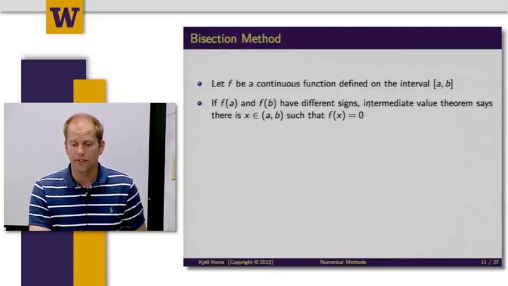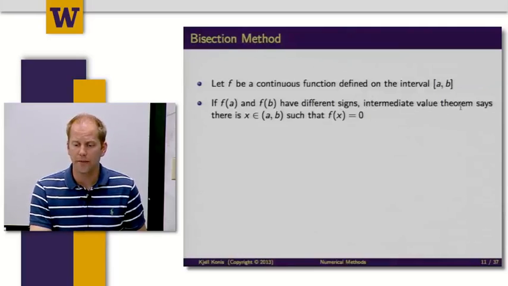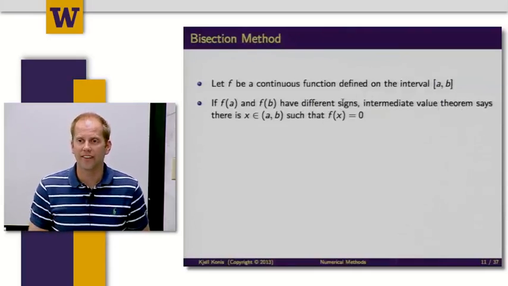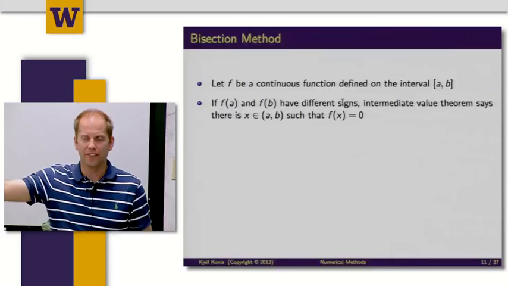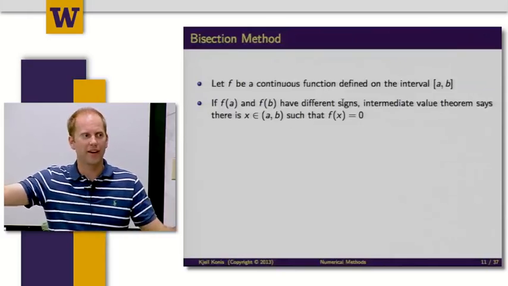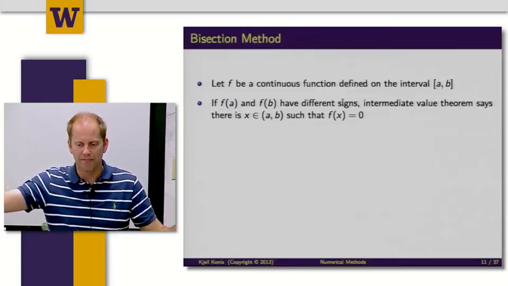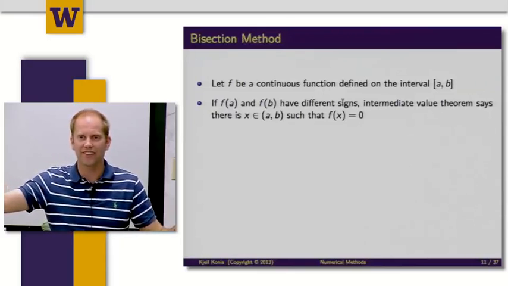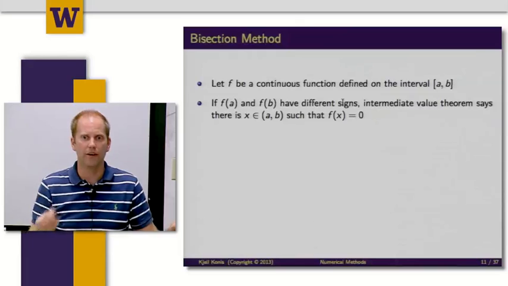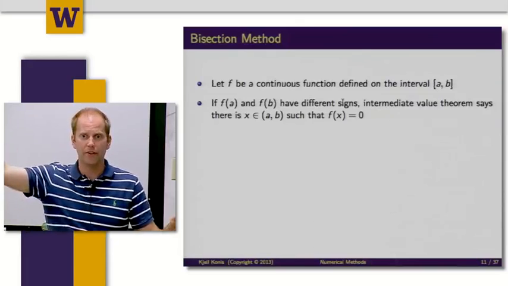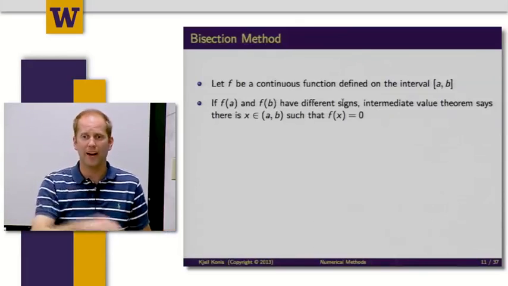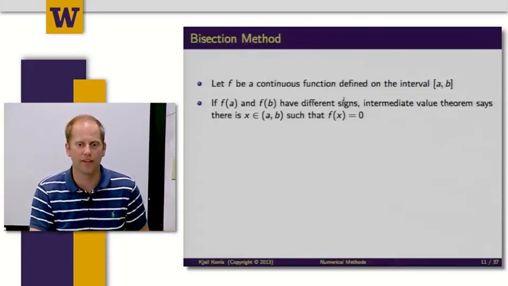Then there's a result from calculus called the intermediate value theorem, and this should just make a lot of sense. If on one side of my interval I'm positive and on the other side I'm negative, and the function is continuous, which we think of as a function you can draw without lifting up your pen, then to get from this point down to this point, I'm going to have to cross 0 at some point in between.